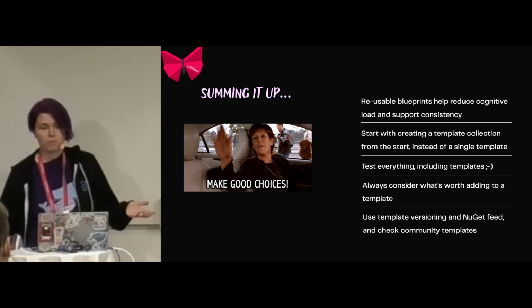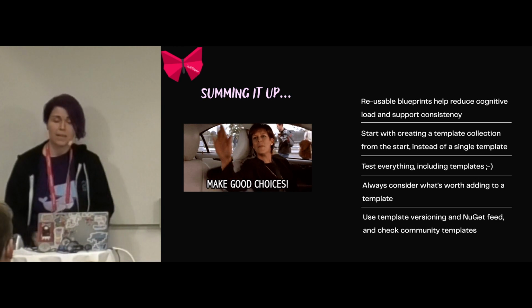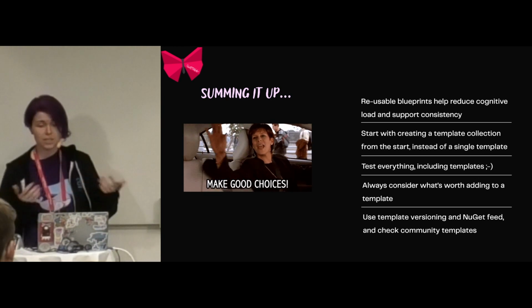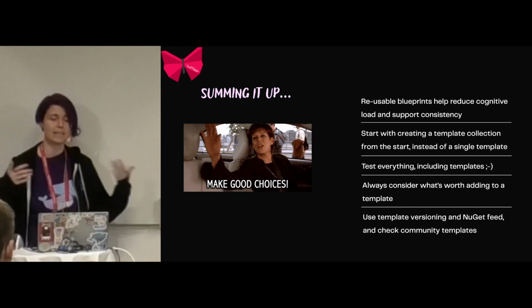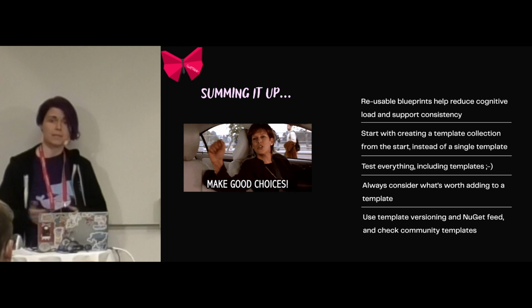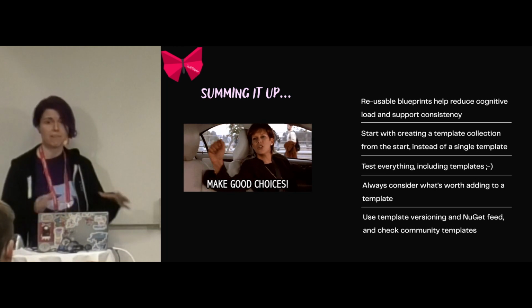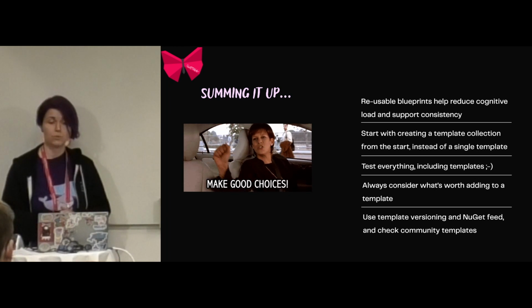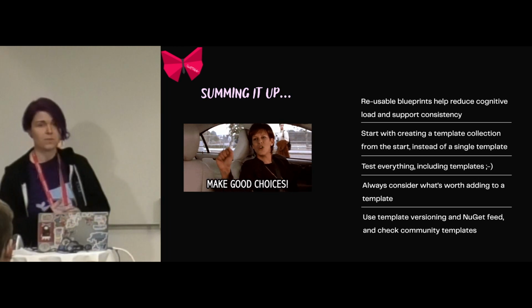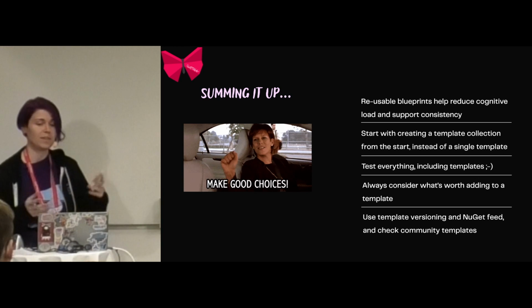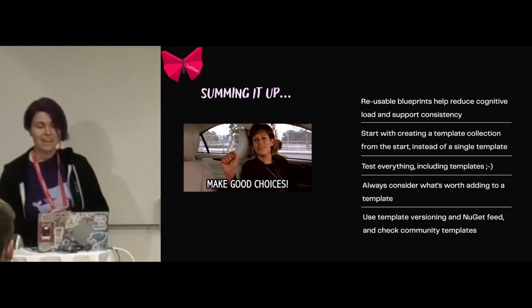So a few tips before we end. If you start playing around with it, just start by creating a template collection so that you can easily add the templates as you go, and have everything set up correctly to do it at scale from the beginning. Don't forget to test those templates so that developers will not get back to you in the end nevertheless.